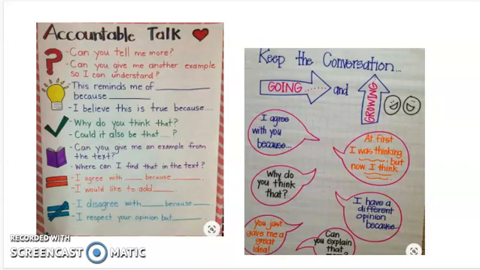This is a great way to teach our students that we can have a civil disagreement. And here are ways to keep the conversation going and growing. I have a different opinion because, and again, if we have those text-dependent questions, then we are always going back to the text to validate what it is that we believe.